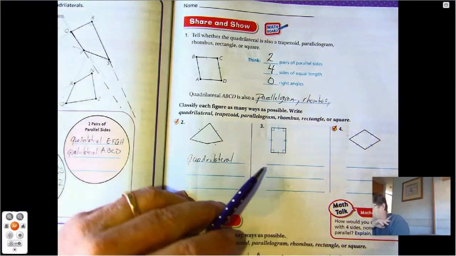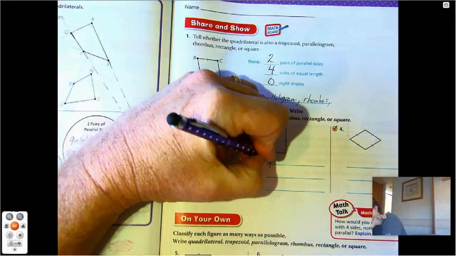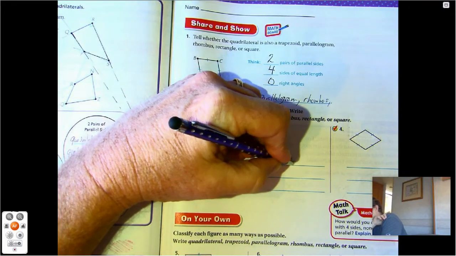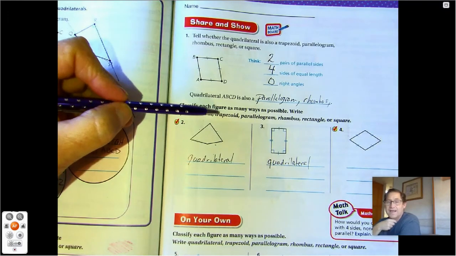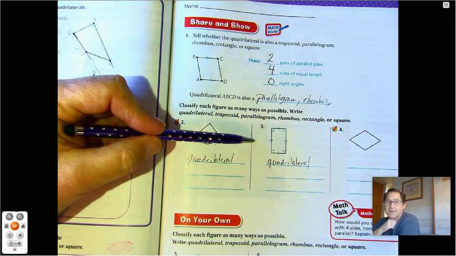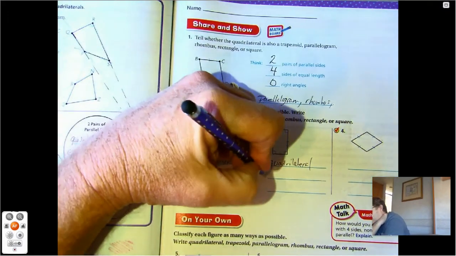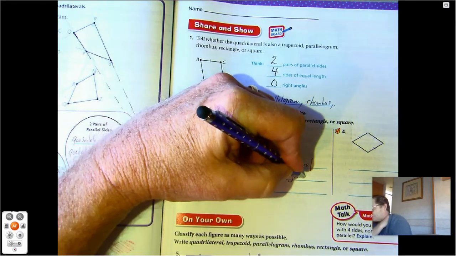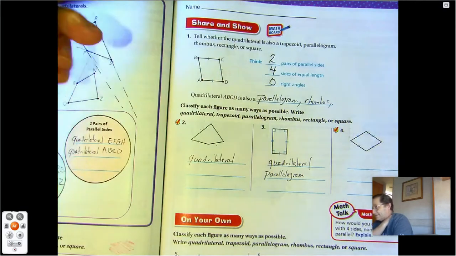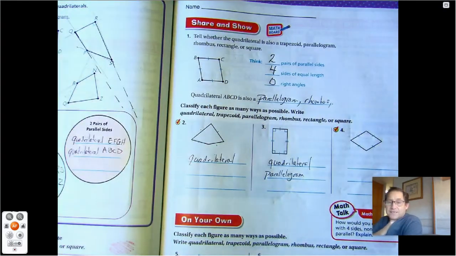All right, how about 3? Well, it's also got four sides. Has to be a quadrilateral. Is it a trapezoid? No, it has more than one pair of parallel sides. It is a parallelogram. It is not a rhombus because it doesn't have four sides of equal length. It is a rectangle.